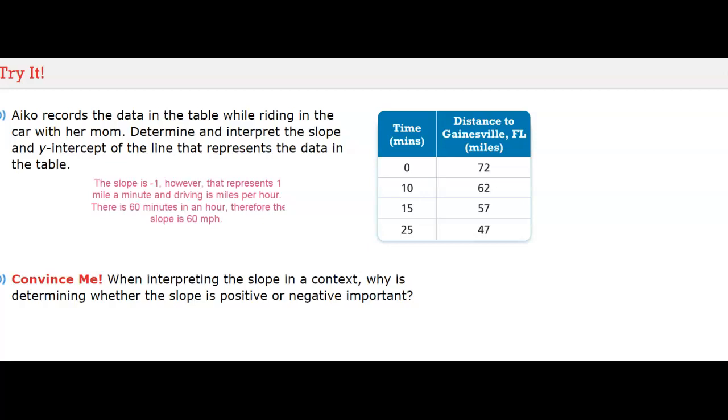There are 60 minutes in an hour, so there would be 60 miles per hour is the rate at which her mom is driving to Gainesville. And again, the y-intercept was 72, and that represents the miles away from Gainesville when they started driving.